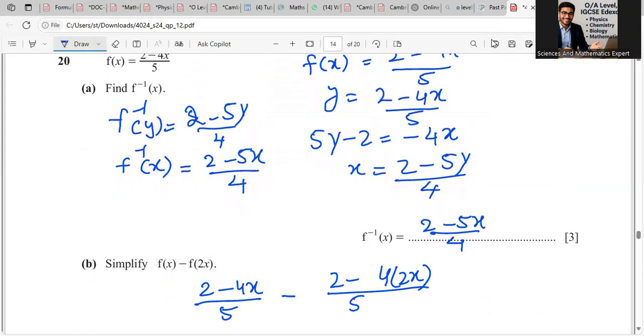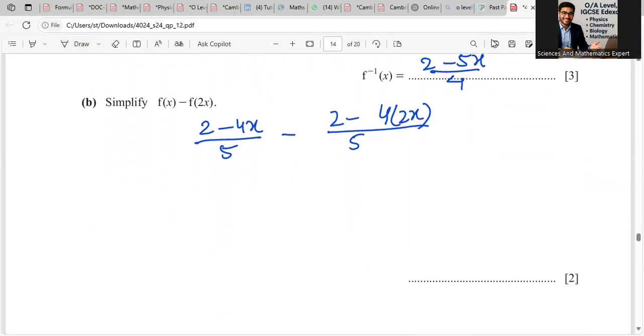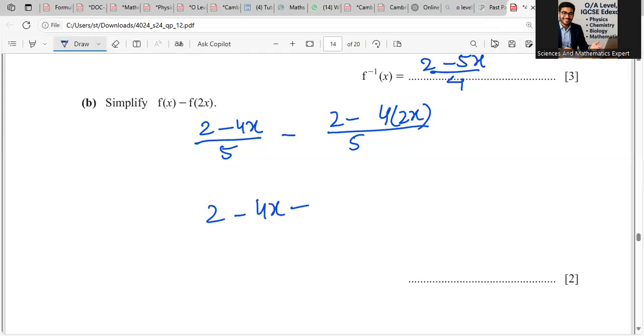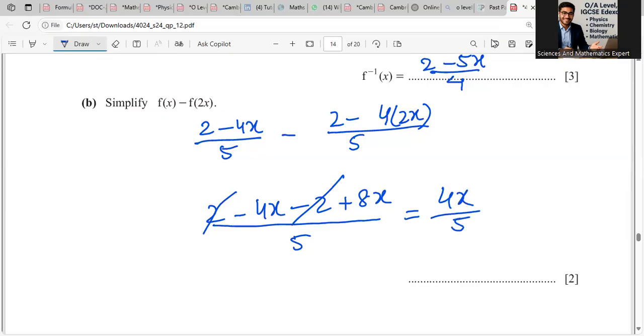Now I can arrange it to get my value. So we will simplify this: 2 minus 4x minus 2 plus 8x over 5. I have just taken the LCM. Now 2 minus 2 cancels out, and 8x minus 4x over 5 is my answer for this one.